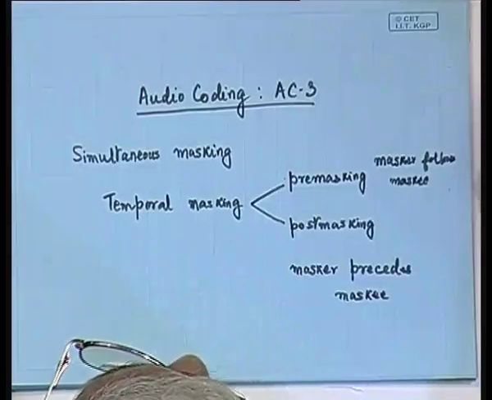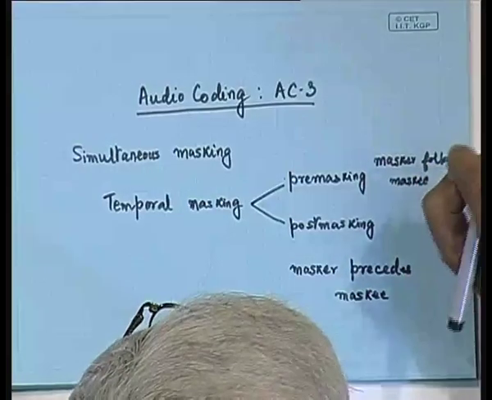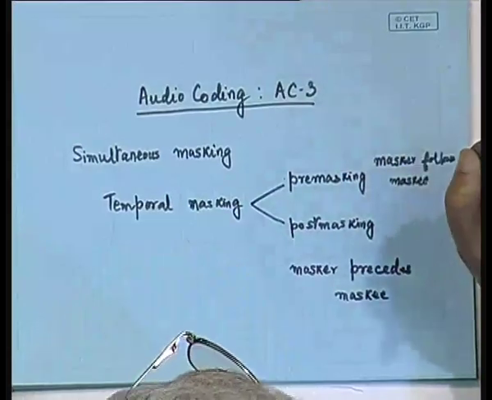The masker is a very strong signal and the maskee is a relatively weaker signal, and as far as our perception is concerned, even though the maskee may come a little earlier, to a limited extent the masker can also mask it. This is known as pre-masking.